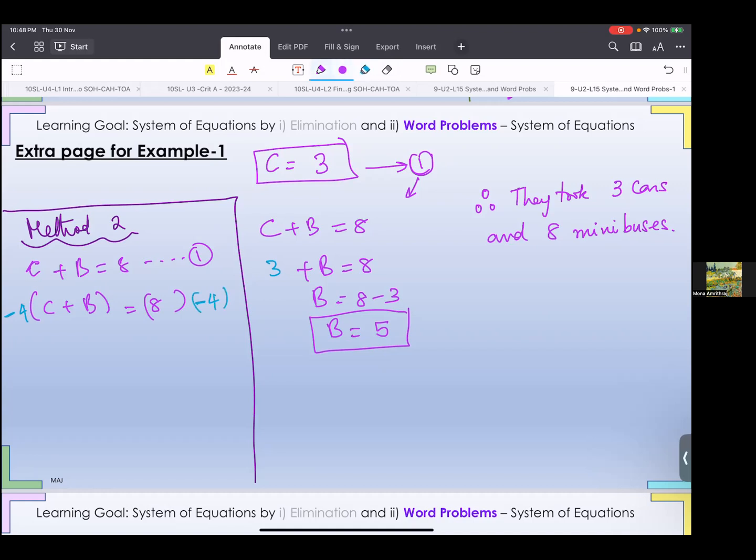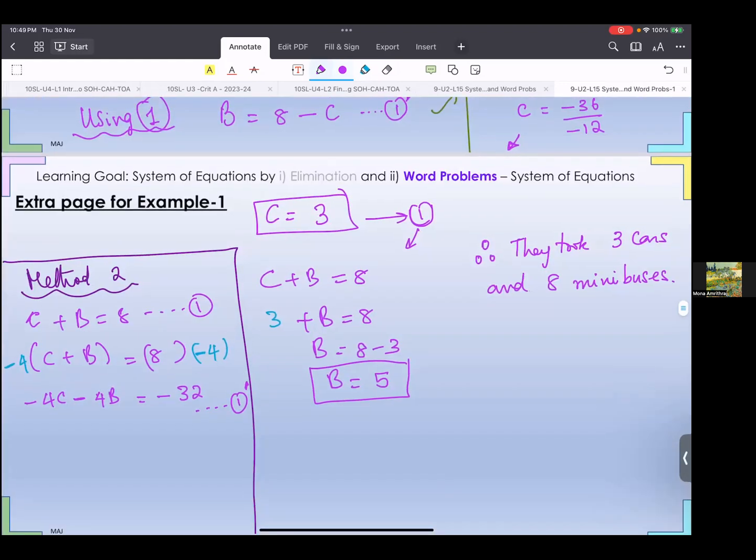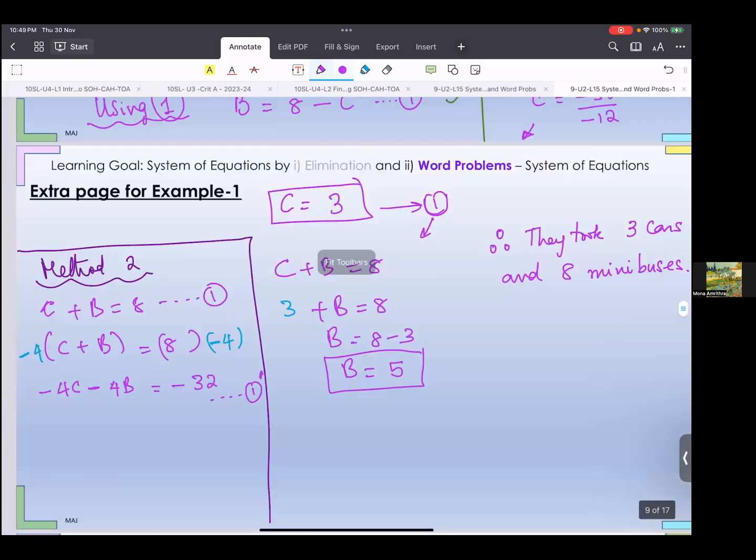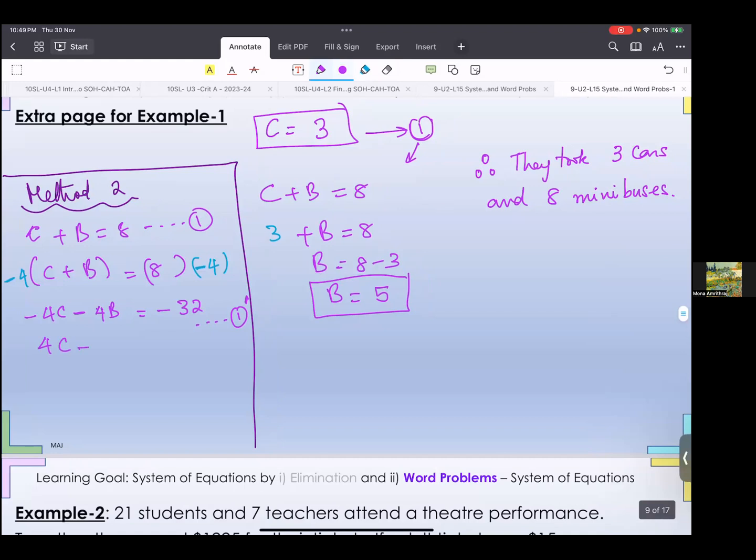So here you have -4C minus 4B equals -32. I'm going to call this equation 1 prime. And then the second equation we had was 4C plus 16B equals 92, okay?